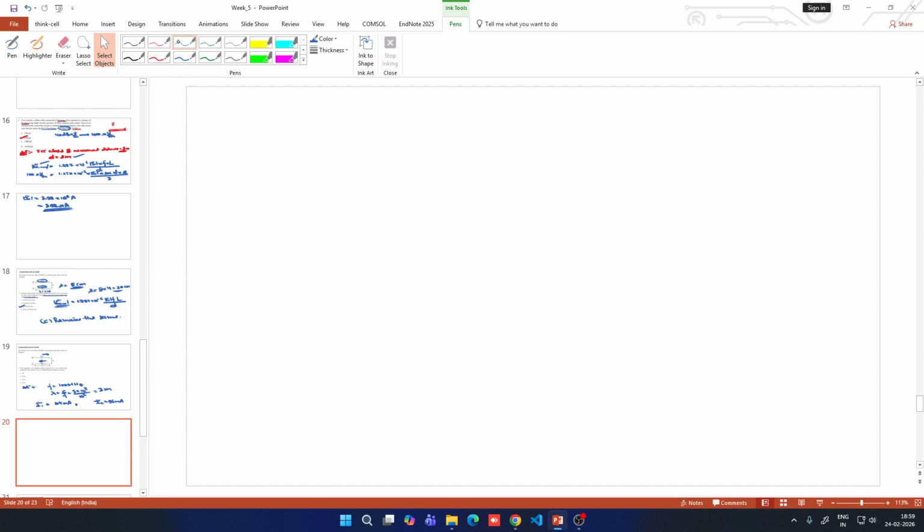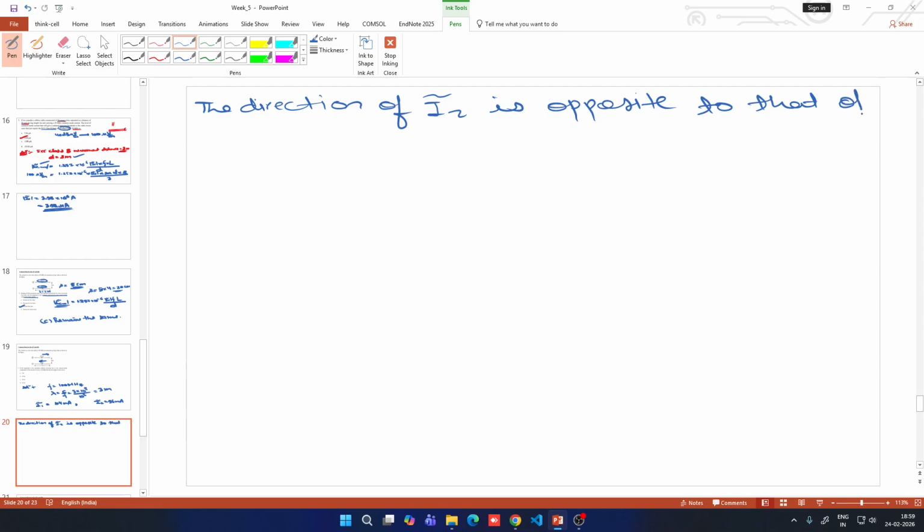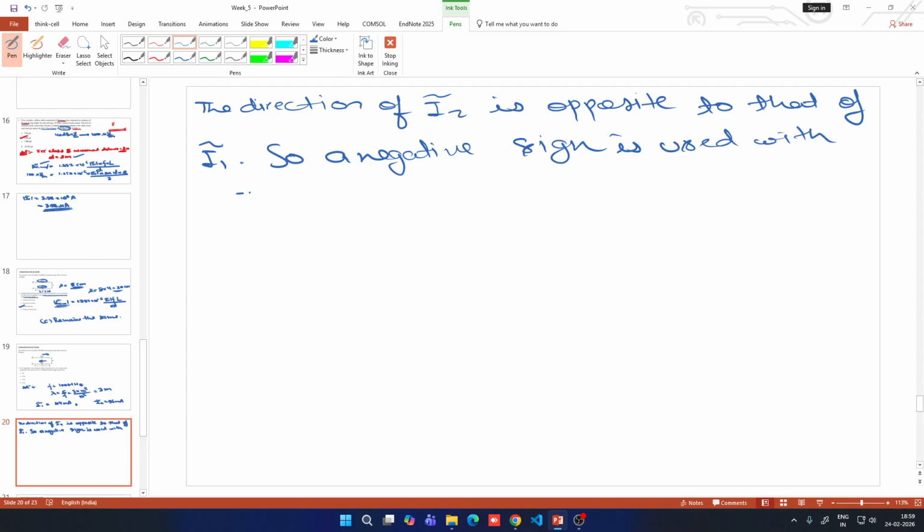So the direction of I2 is opposite to that of I1, and a negative sign is used with I2 here.